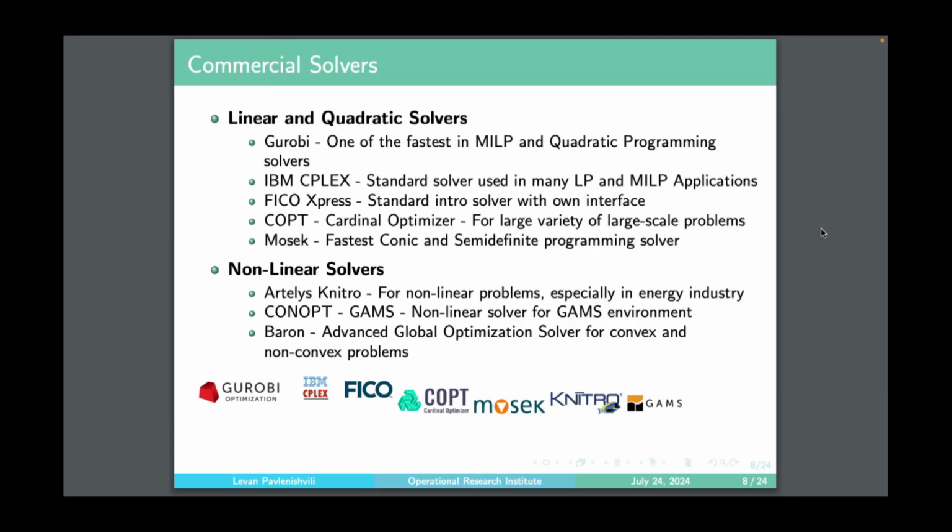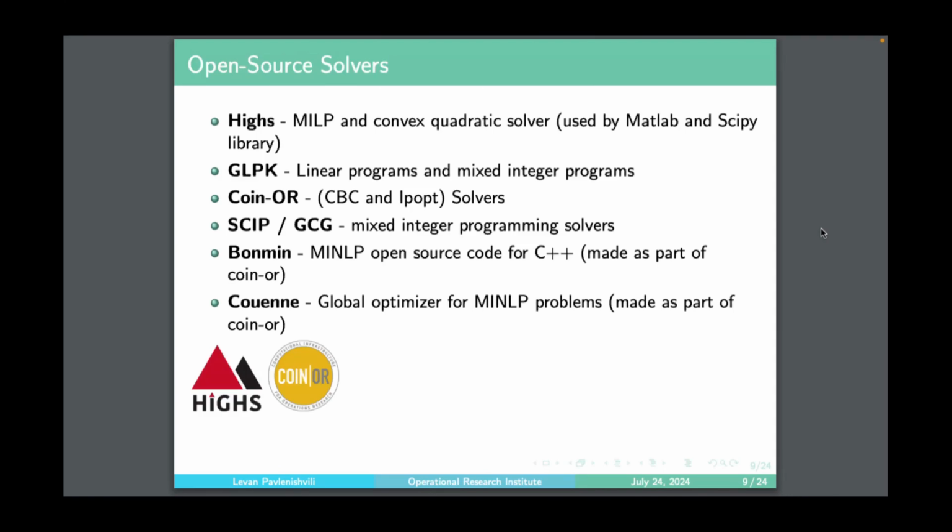For the open source solvers, a very good, relatively recent one was developed like 3-4 years ago. It's HiGHS. HiGHS actually stands for something starting with "high", and I don't remember the other words. It's for mixed integer linear problems, and for convex quadratic problems.